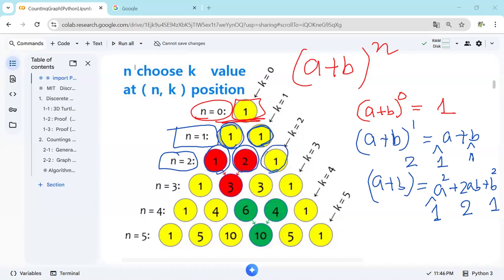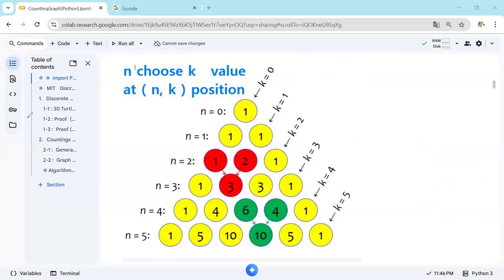So the numbers in the Pascal triangle can be interpreted in this way, okay? But there is another way. These different interpretations are in fact all the same. The other interpretation is to consider n choose k.